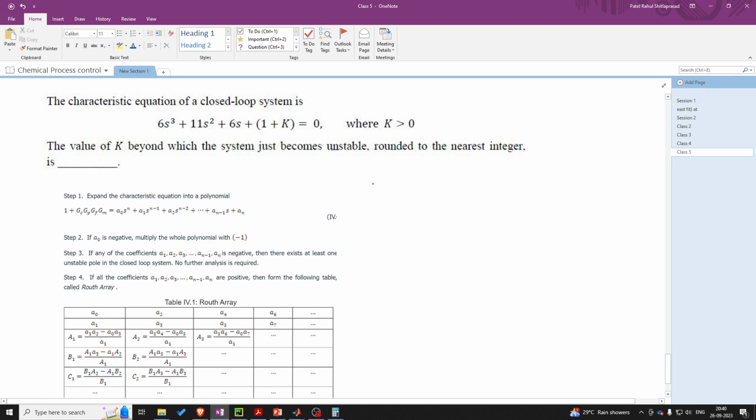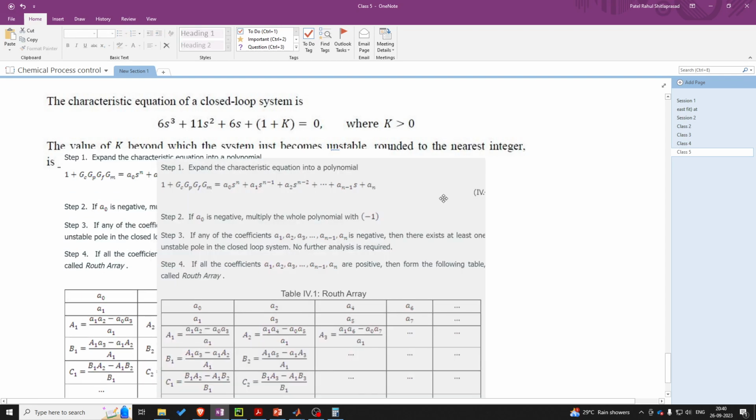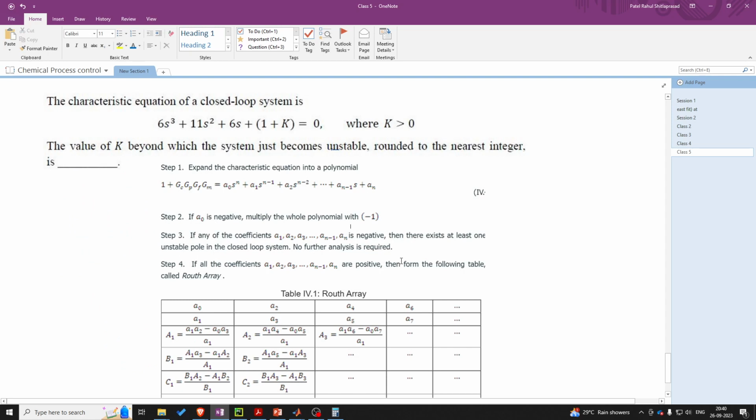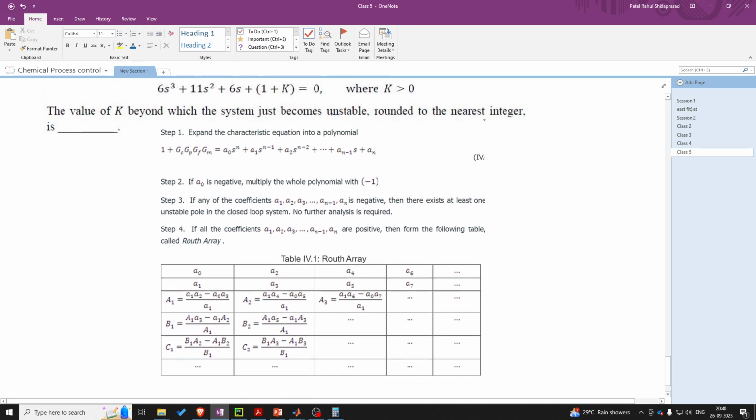So first, let's just fill the value of all the elements in this table itself. The equation that we have been provided is 6s cube plus 11s square plus 6s plus 1 plus k is equal to 0. So that is basically a0, a1, a2, a3.